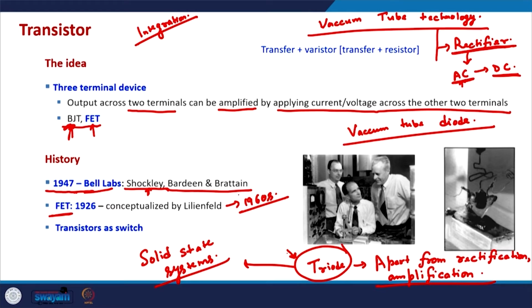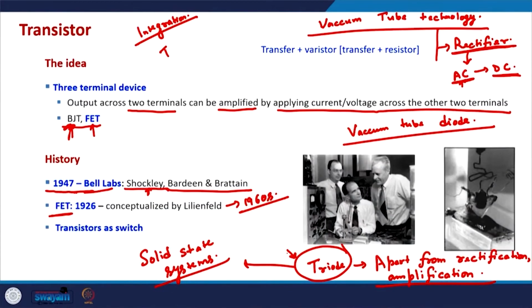And after the 1960s, the invention of the IC, the integrated circuit, also happened, and this IC technology was refined up to the 1970s.